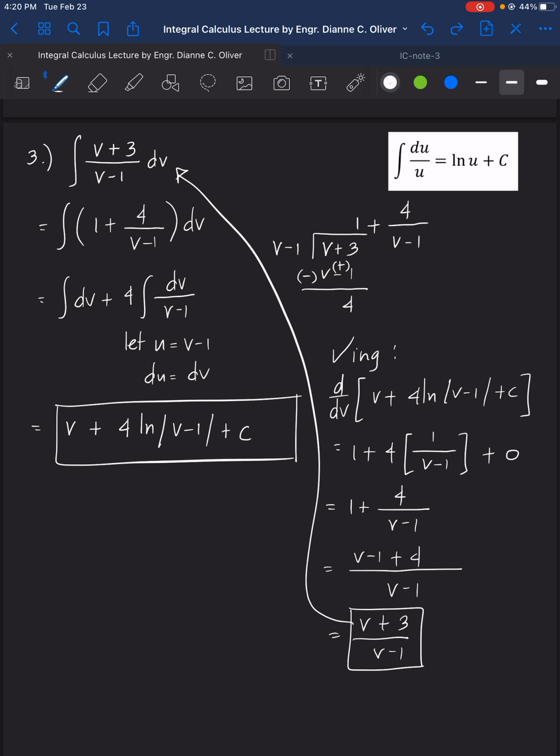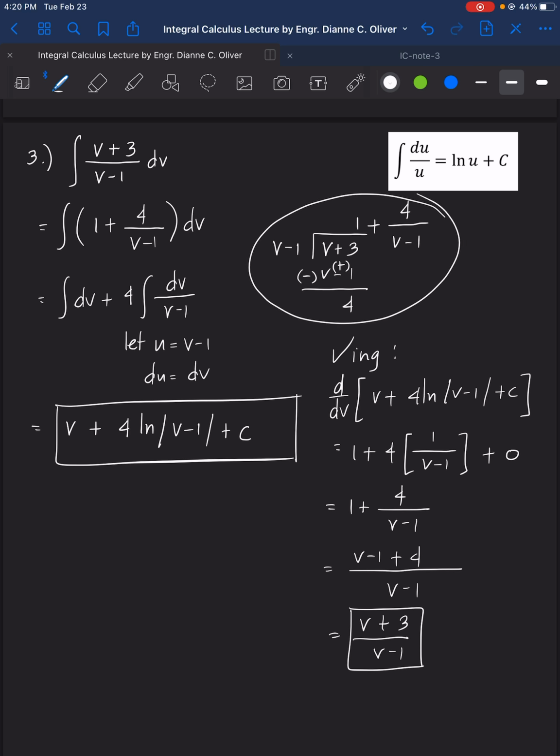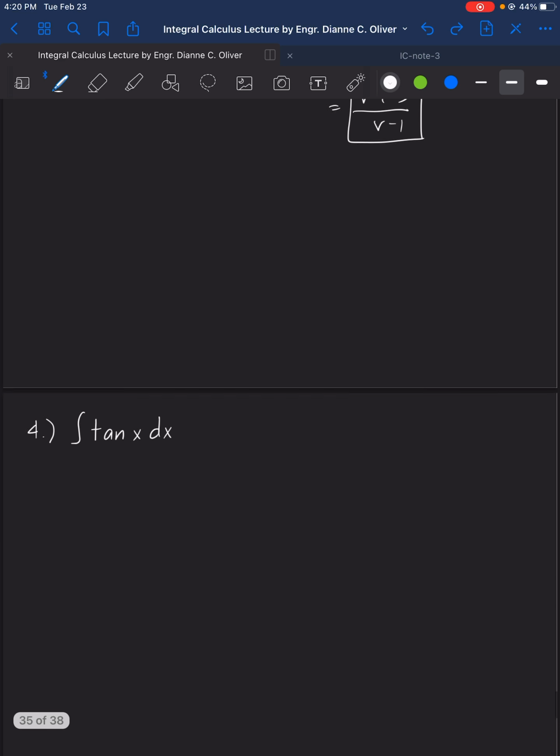So that's for number 3. The trick that we did here is we divided the numerator by the denominator. How about number 4? What trick can we do here? The integral of tangent x dx.